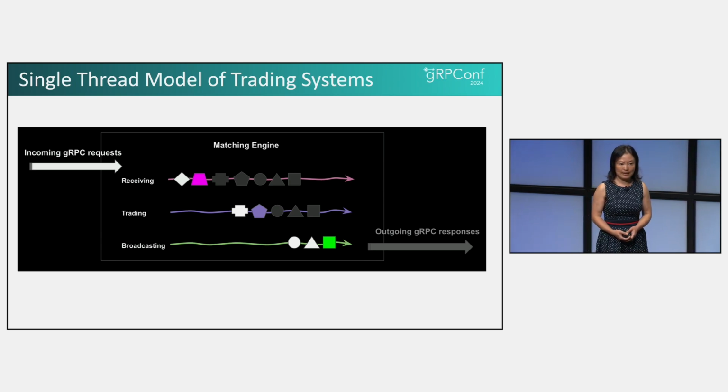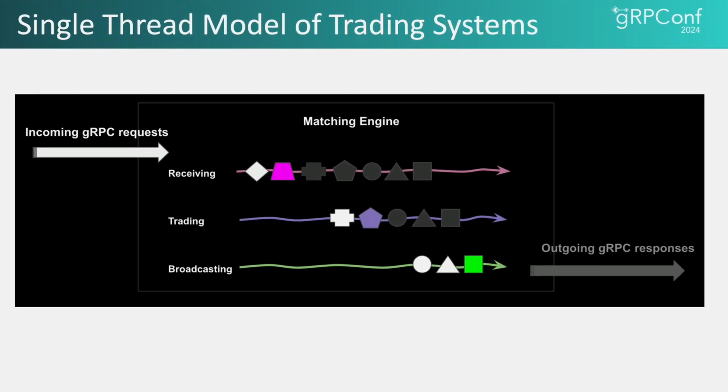Beyond performance, ensuring the correctness of transaction execution is crucial for trading systems. While there are concurrent threads inside the matching engine handling various tasks, to guarantee correctness, each task must adhere to a strict single-thread model during execution.